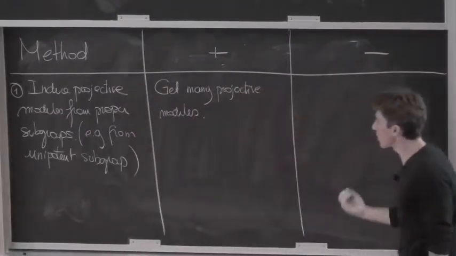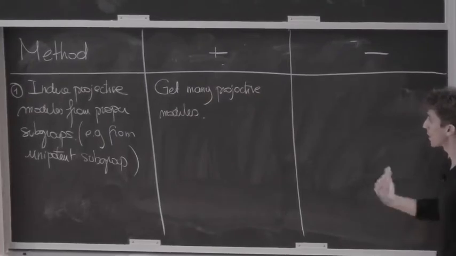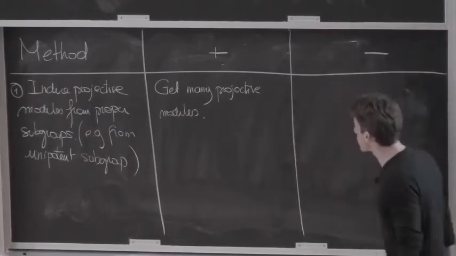For example, if you induce the trivial representation of the trivial subgroup, you get the regular representation. Of course, it contains all the projective modules, but it's another matter to be able to decompose it.